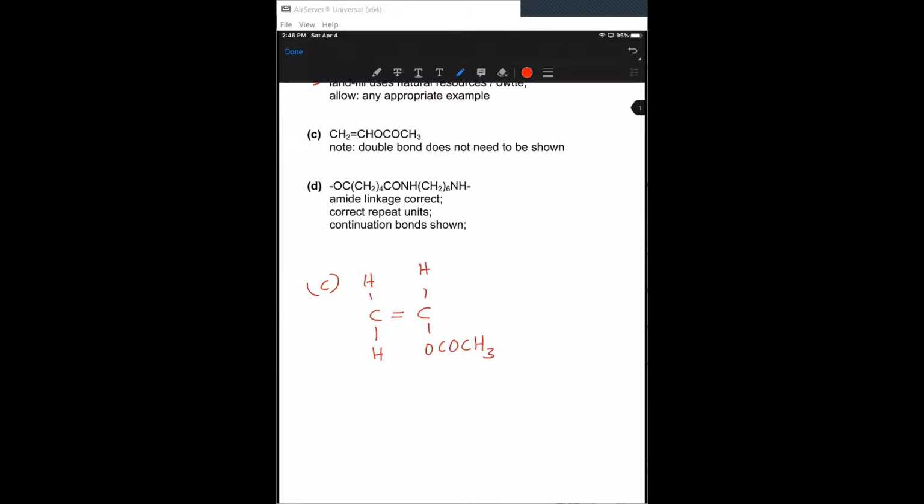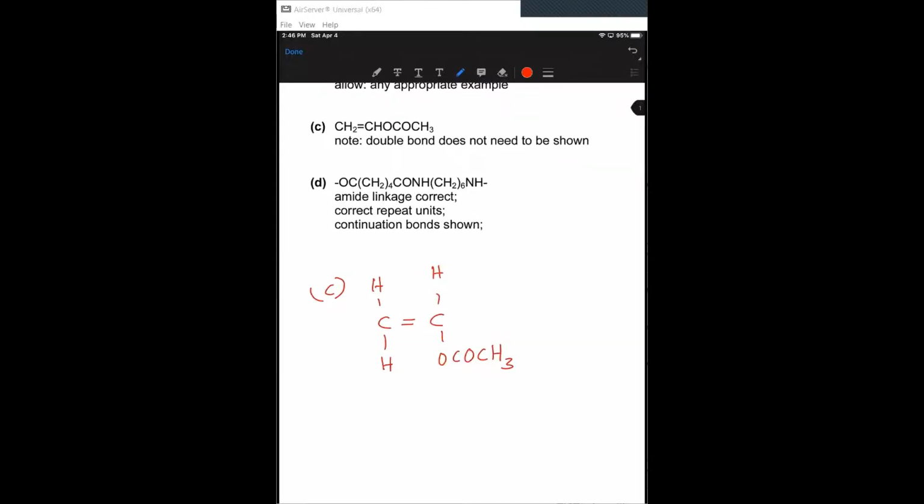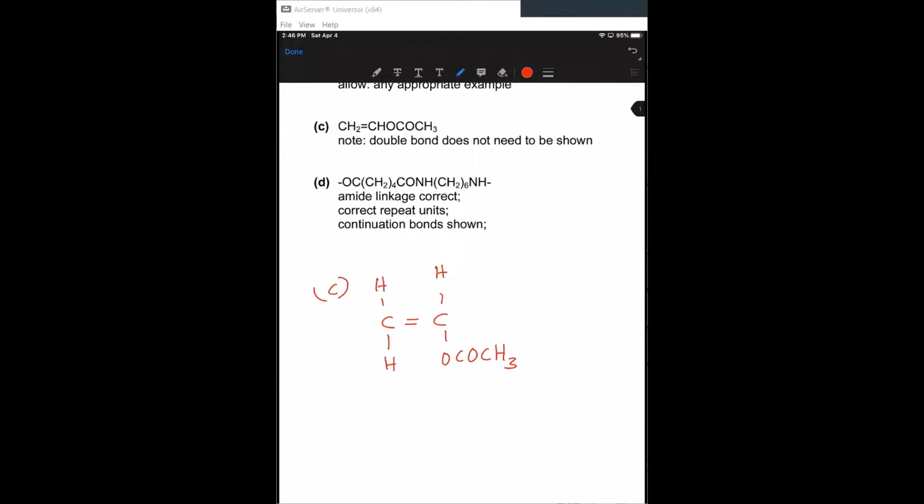So part D says a condensation polymer can be made from the following monomers. Draw the structural formula of this polymer. Again, here the condensed version of the structure is given, and if the question gives the condensed version, it's better to give the answer in condensed version.